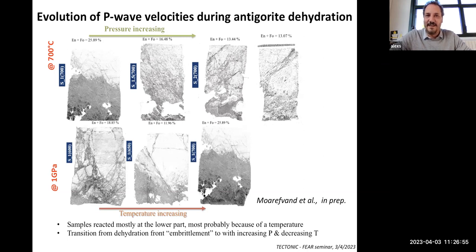And it seems that when the kinetics of the reaction is slow, so at low temperature or high pressure, when you are actually the closest to equilibrium, the reaction mainly happens via fracturing, probably because this is how you can expel the fluid out.